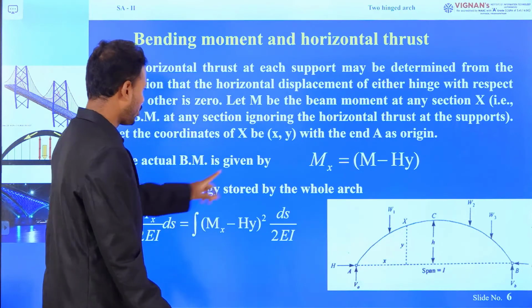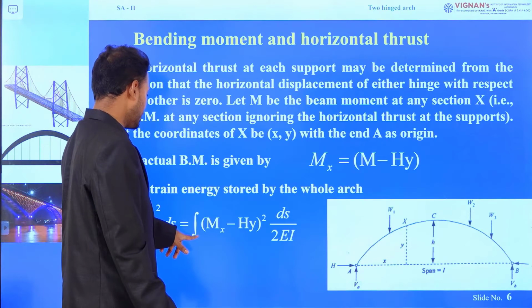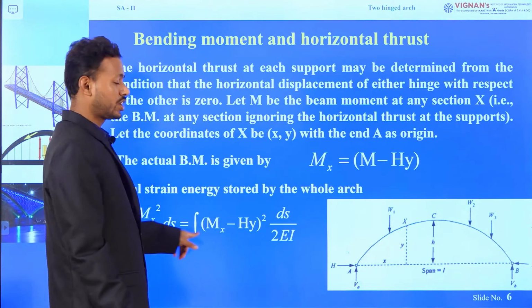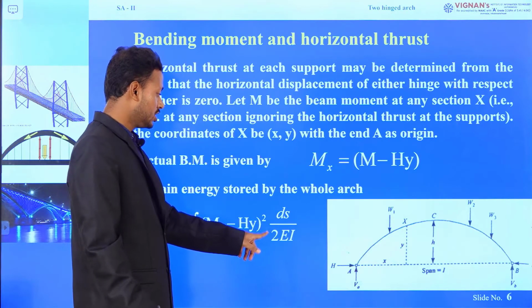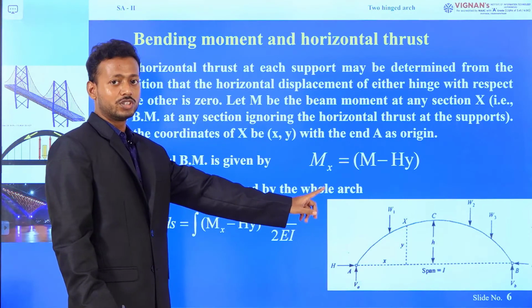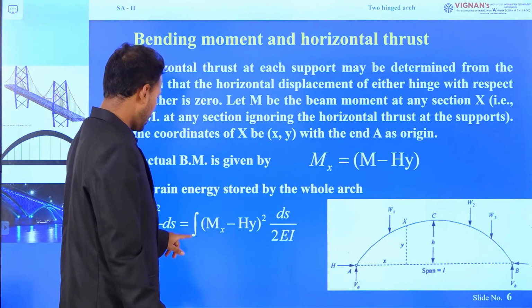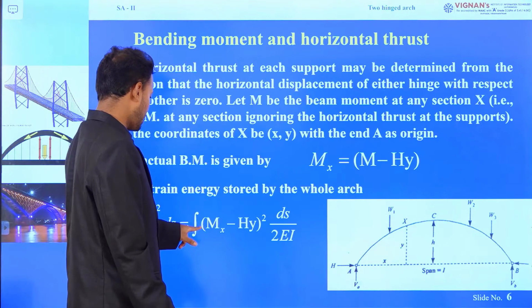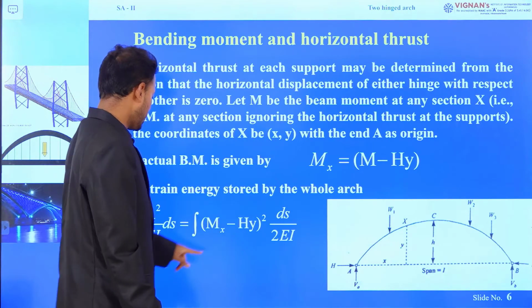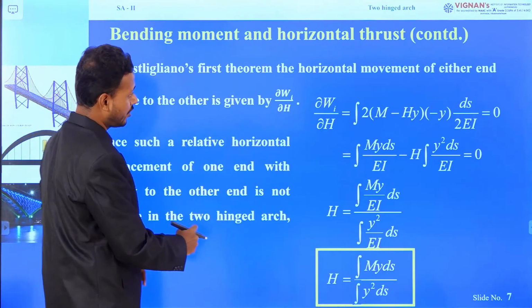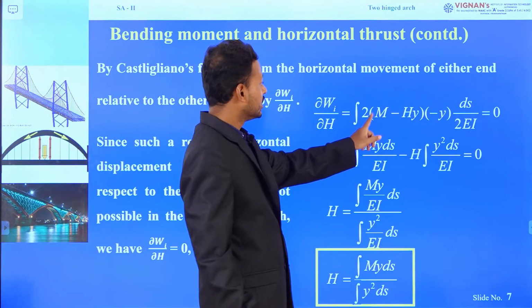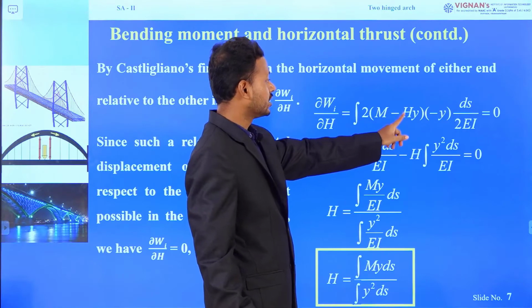Now, we will put the net bending moment here and find the total strain energy of the 3 hinge arch due to the application of load on this structure. If we put the value of the net bending moment here and take the partial derivative, we will have 2 into M minus Hy into minus Hy.